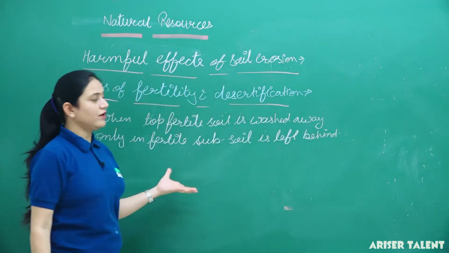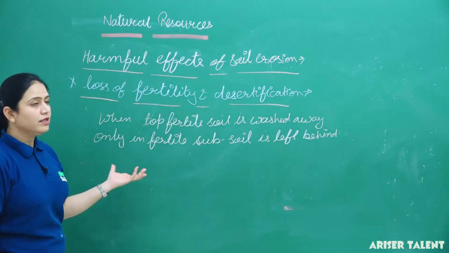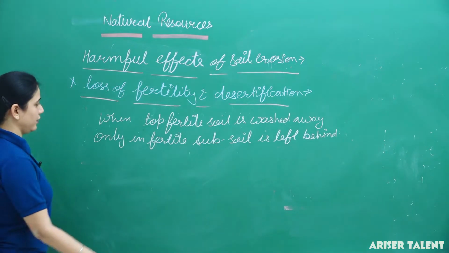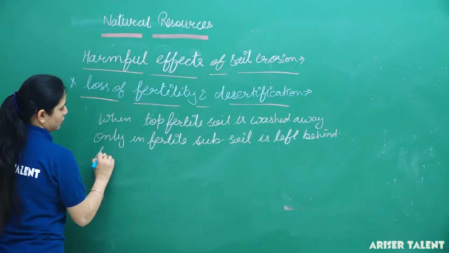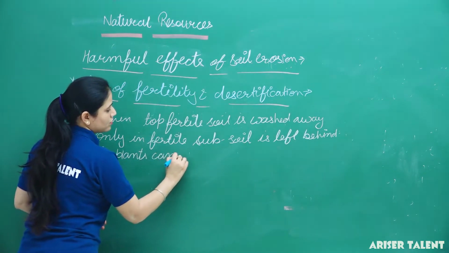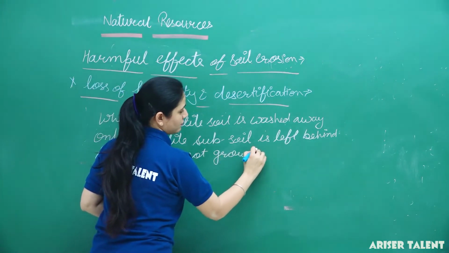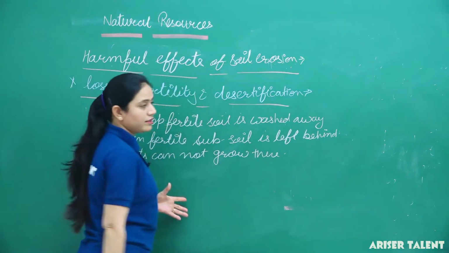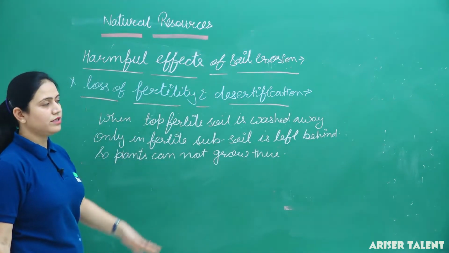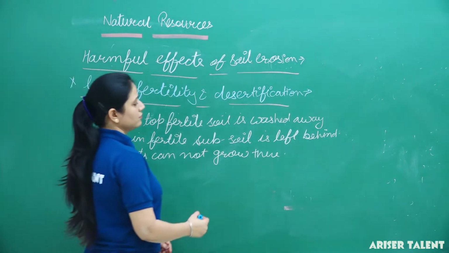As it is infertile subsoil, it does not have humus, minerals and water, so plants cannot grow there. Thus the fertile soil will convert into the desert, and this is known as desertification.